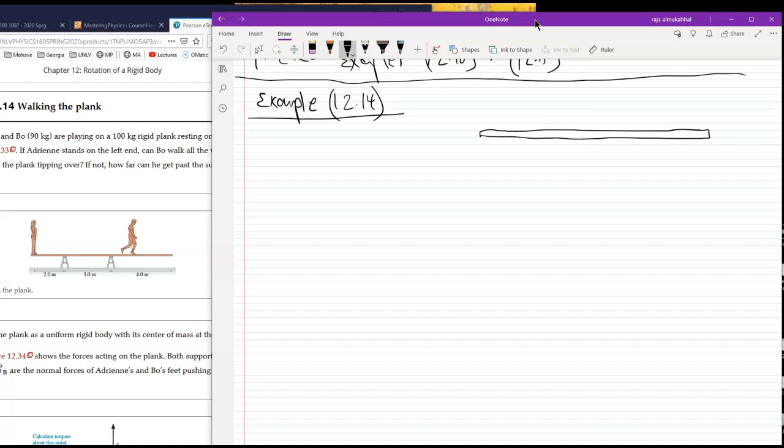And here is, we'll call it Adrian. Sorry, I can make it prettier. But anyway, then we have the support. One support is right there, and another support is right here. And then you get Bo right there.